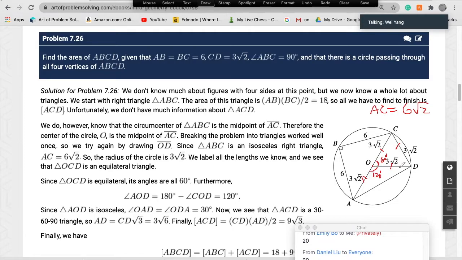And OA equals OD. So OAD is an isosceles triangle. So then this angle equals 30 degrees. This also equals 30 degrees, right? Then they ask what the angle CDA is.